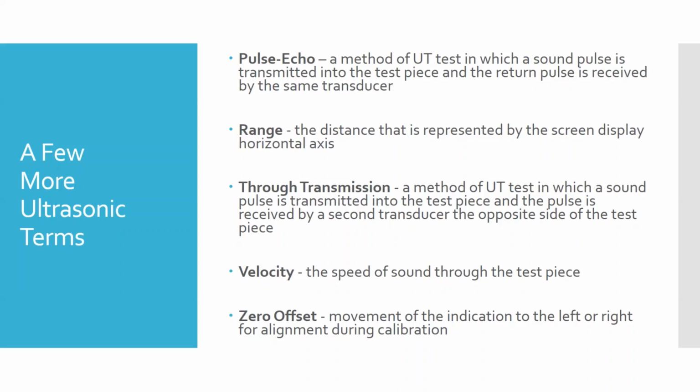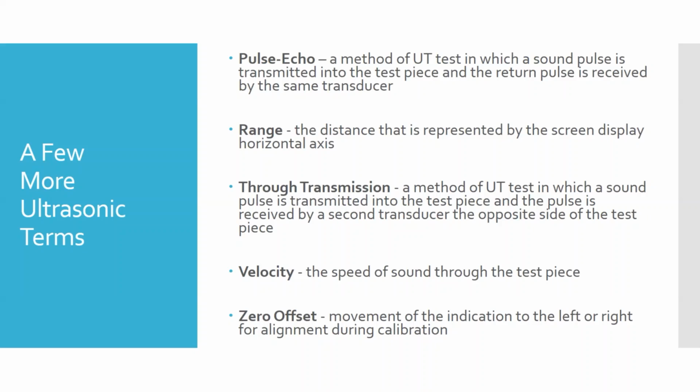Velocity, we talked about the speed of sound through our material, through our test piece. We have something we have to adjust called our zero offset, and that's part of the calibration procedure. The actual piezoelectric crystal inside the probe is not right at the face. Typically it's somewhere up here, and then there's a little bit of a wear surface below that.